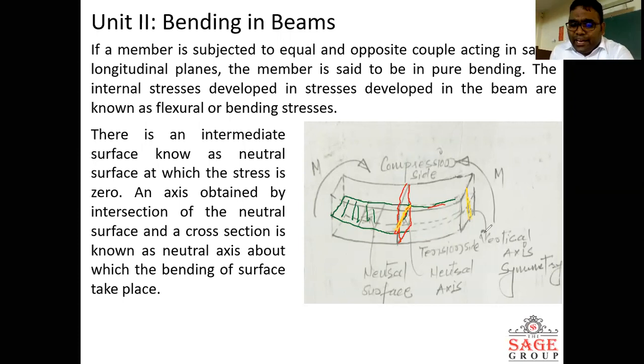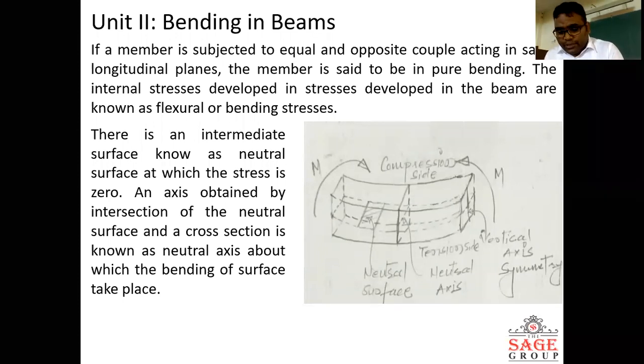This side is the compressive side and this is the tensile side. So this is the beam element subjected to equal and opposite couples. Okay, next slide.